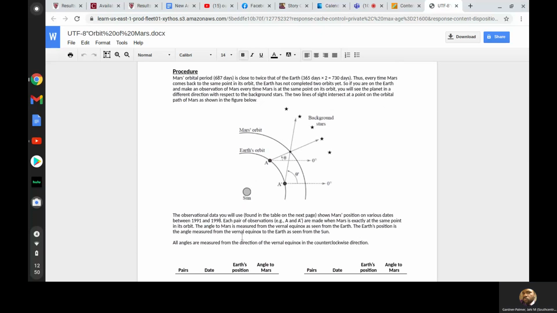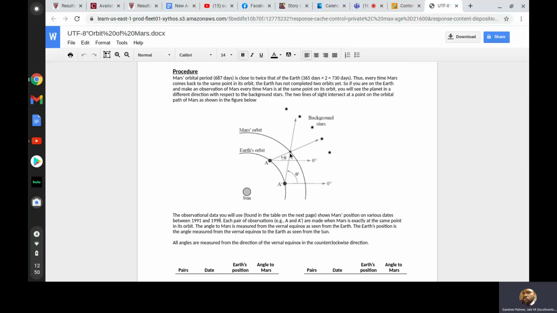Now, what you'll notice is that at some point, the observation lines from A and A prime will meet. And the point at which they intersect, that's where you're going to place your dot for Mars, right? Because Mars is at the same place in its orbit during both of those observations.